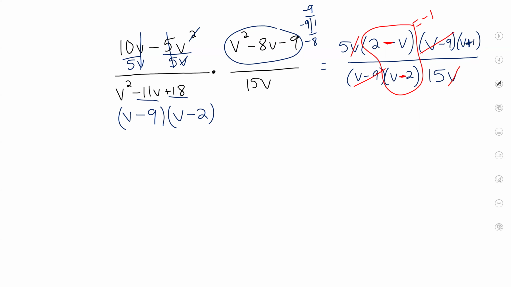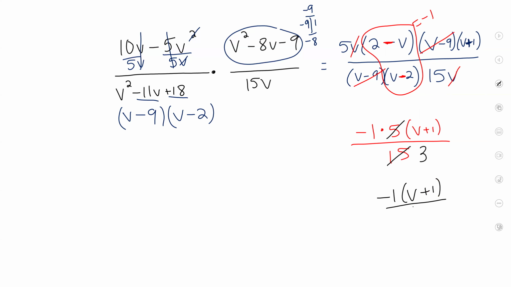So I'm just going to put that in the front. I have -1 times 5, and I have b plus 1 over 15. Now, guys, this can be simplified to a 3, correct? All right, so your answer is -1, b plus 1 over 3. That's it. Yes.